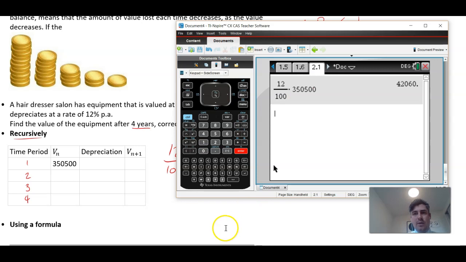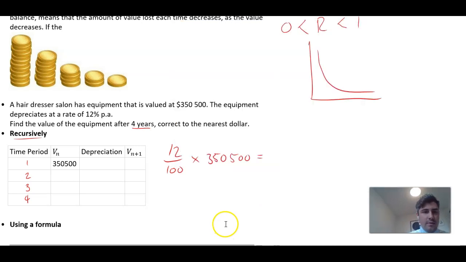That gives us 42,060. And so to work out the new amount, we need to take that away. So we need to get 350,500 minus 42,060.